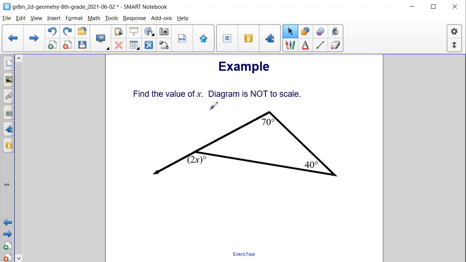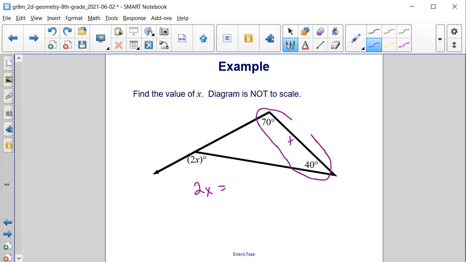Find the value of x. Note that the diagram is not necessarily drawn to scale. In order to set up an algebraic equation to represent the situation, we have an exterior angle of a triangle whose measure is 2x, and it is equal to the sum of the two non-adjacent or remote interior angles of the triangle.